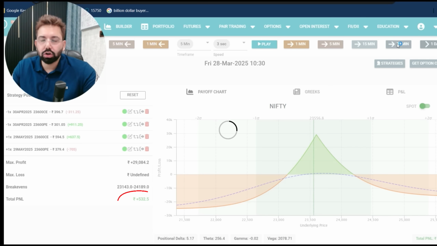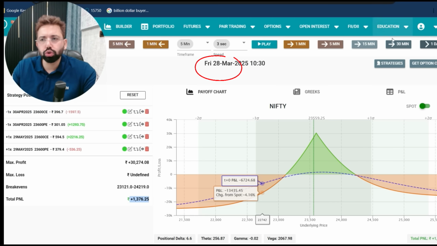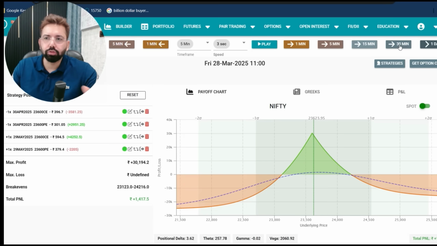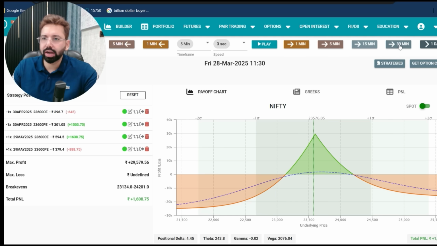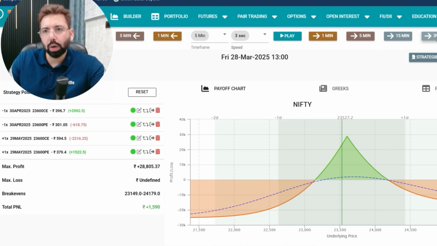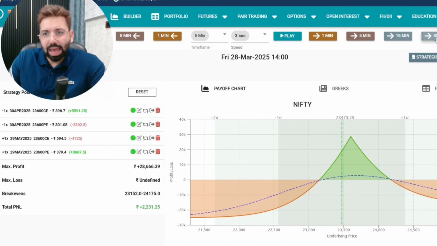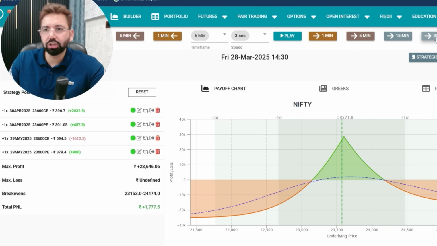Suppose we enter on the simulator, and what do we see in just approximately an hour or so? This looks to be quite fine for us. And if we just simulate and simply go ahead, what we see is that during low VIX, the calendar spread turns out to be a debit strategy, something which we can consider across many strategies.